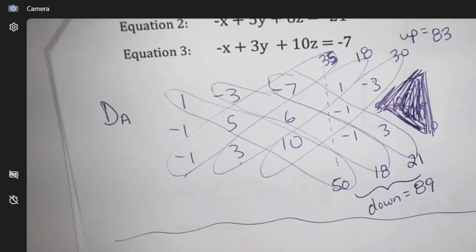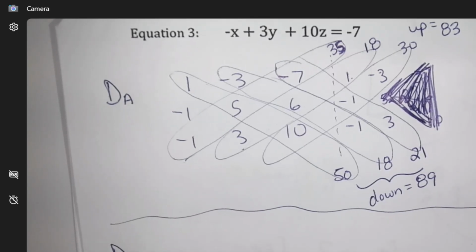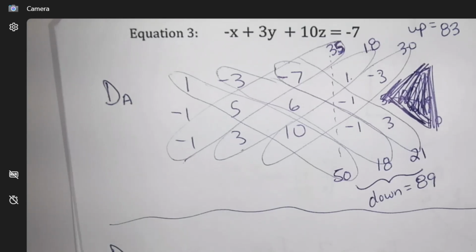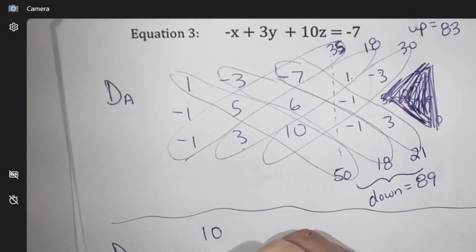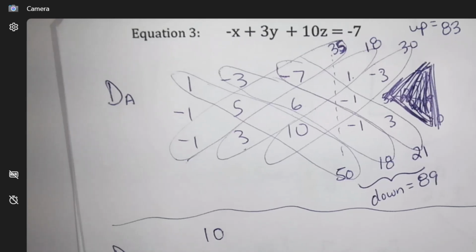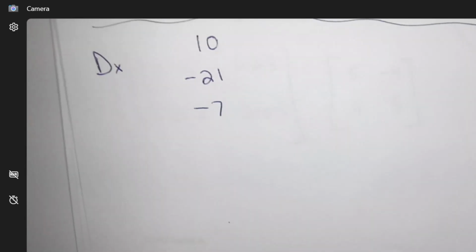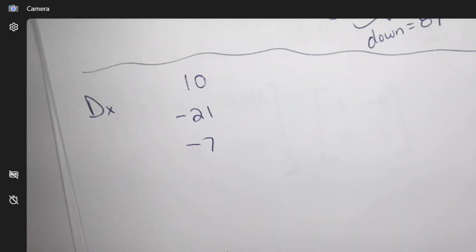Now we're going to go determinant of the x. So what do you do with x? You plug in the solutions. So you replace the x positions with the solutions.